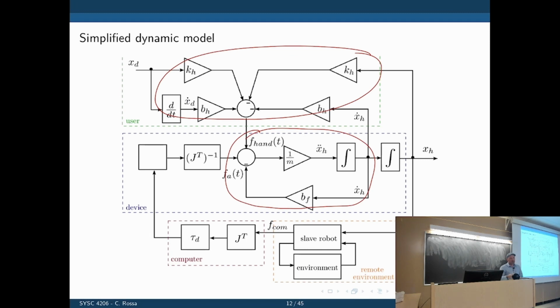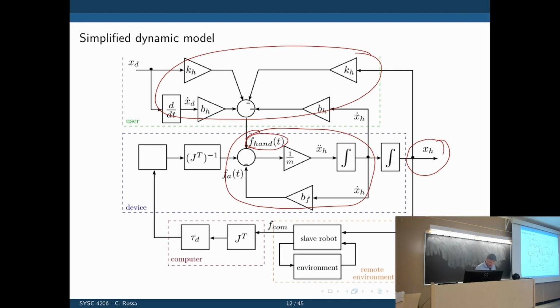Of course, motor control is a lot more complicated than that, but that will do for us. So the result of this is a force, F hand, that the user applies to the device. So the user is the only input to it. On the other end here, we have the displacement of the haptic device.